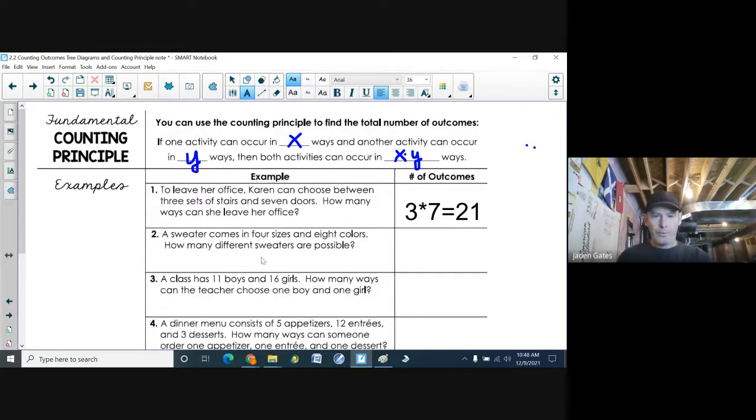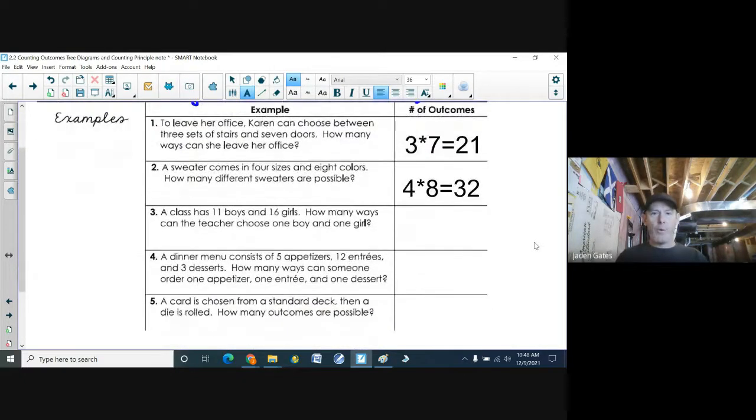Number 2, a sweater comes in 4 sizes and 8 colors. How many different sweaters are possible? Well, again, there are 4 sizes you have to pick from. Then there are 8 colors. So 4 times 8, there are 32 different sweaters. All right, a couple more here. A class has 11 boys and 16 girls.